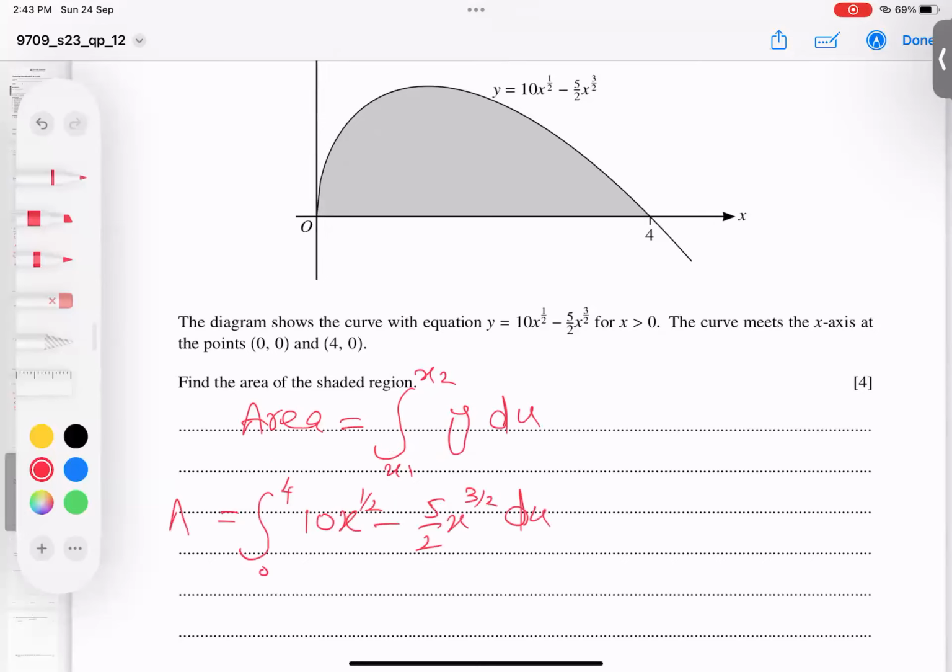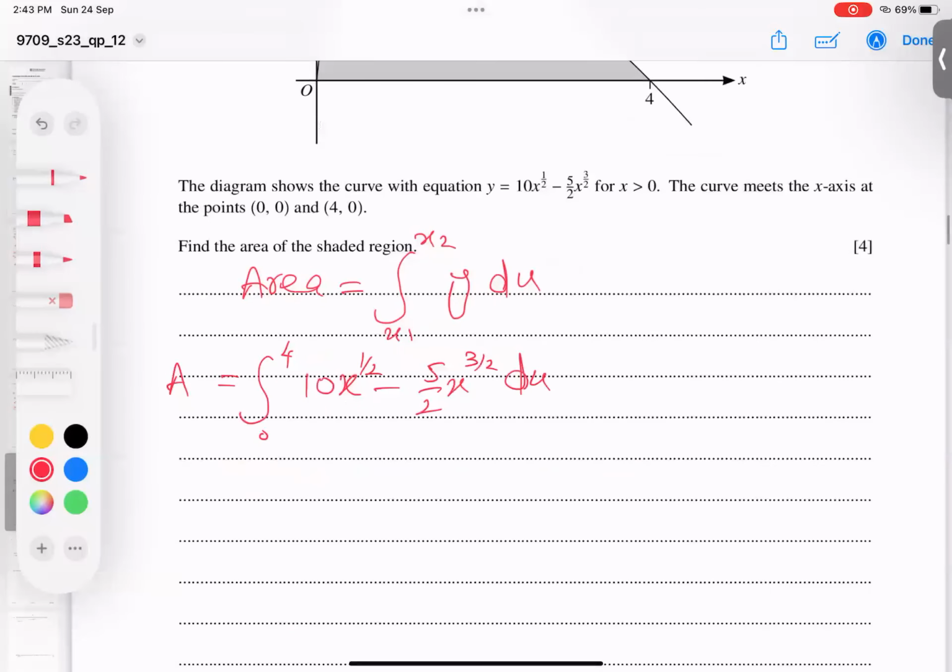So let's see how we can get it. Increase the power by 1, so half becomes 3 by 2, and divide by 3 by 2. And in the second term, power 3 by 2 plus 1 gives 5 by 2, and the 2 already present from here, into 5 over 2.